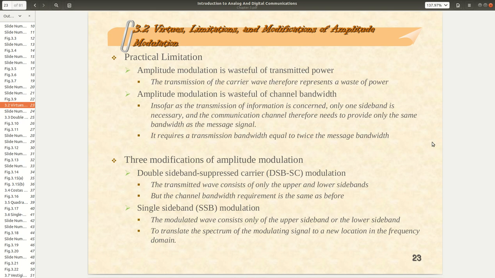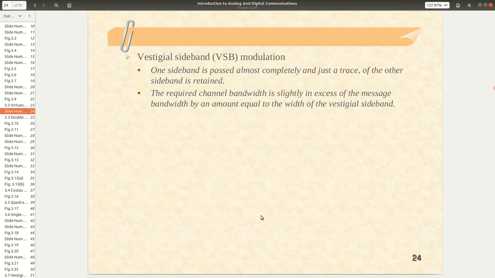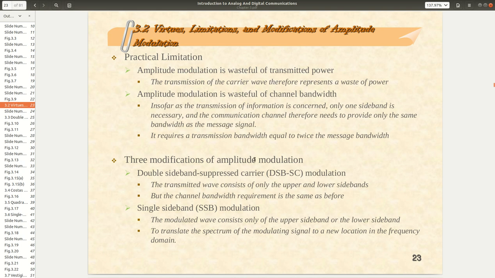We said last lecture that we have double sideband suppressed carrier modulation, single sideband modulation, and vestigial sideband modulation. These are modifications of amplitude modulation.